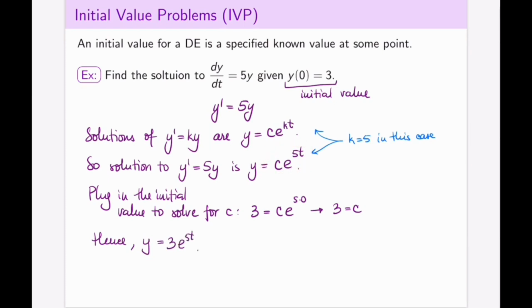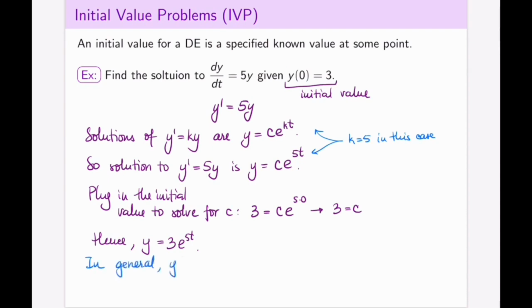And what of course you just noticed too is that whenever I plug in 0, this power will be 0, which means that this entire thing will be equal to 1. So I will always have that c is equal to the value at time equals 0, which is why in general we actually have a notation for it.